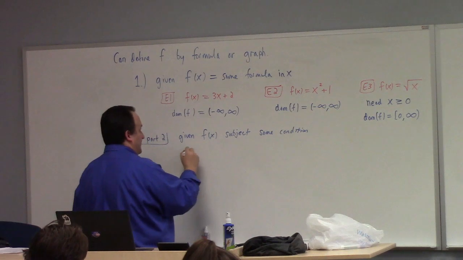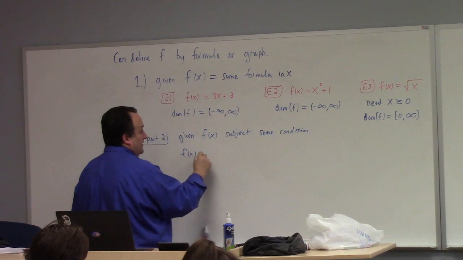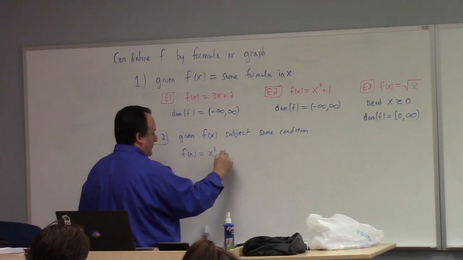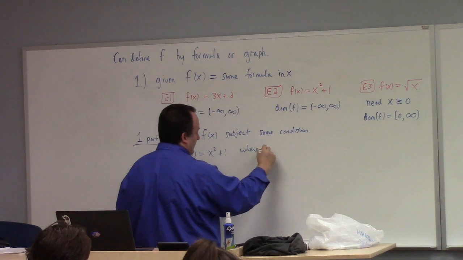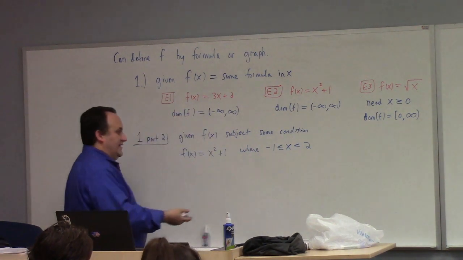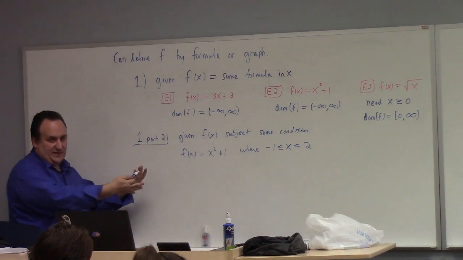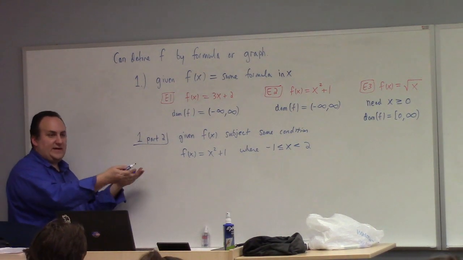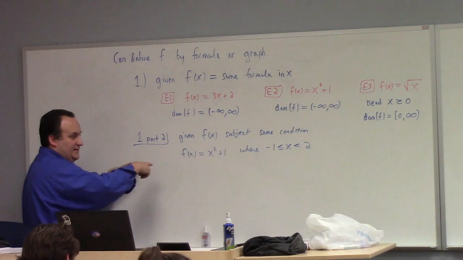So for example, you could have something like f of x equals x squared plus 1, where minus 1 is less than or equal to x is less than 2. If that's the case, if they tell you that, well then that's telling you what the domain is. The domain in this context would be what?